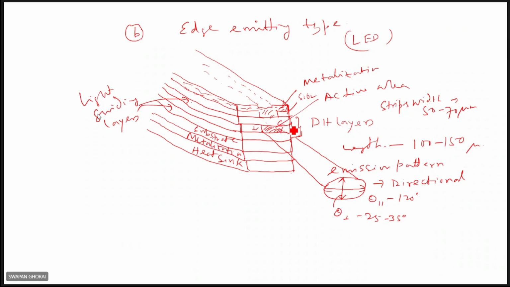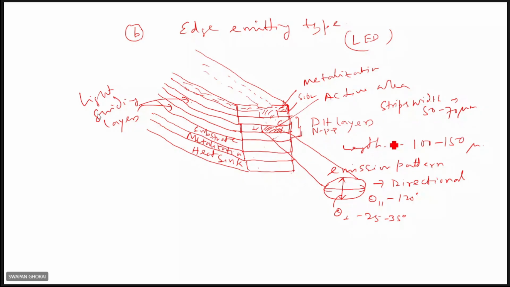And next are your three layers, NPP structures or NNP structures. The light confinement, charge carrier confinement layers, the active layer, and again the light confinement, charge carrier confinement layer. Next will be the substrate, metallization, heat sink. Other things are the same as in these surface emitting type LEDs.